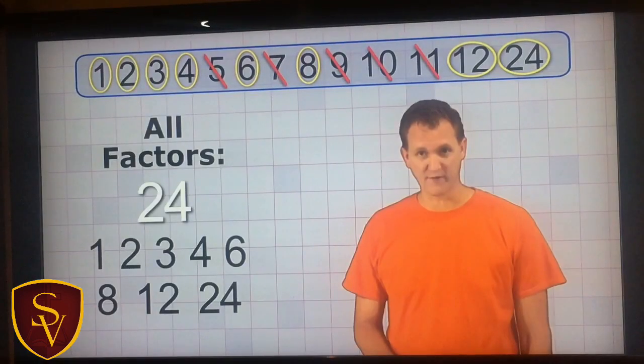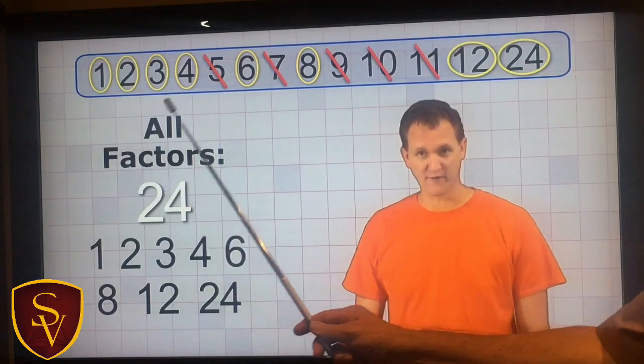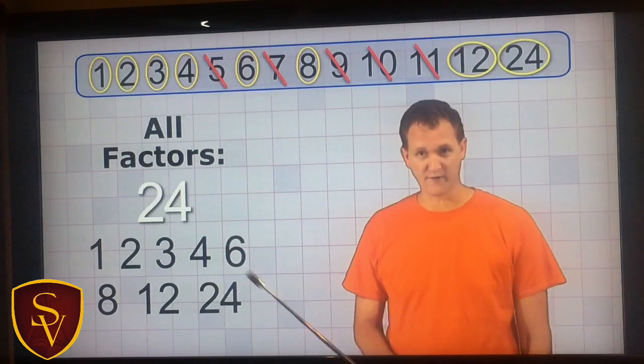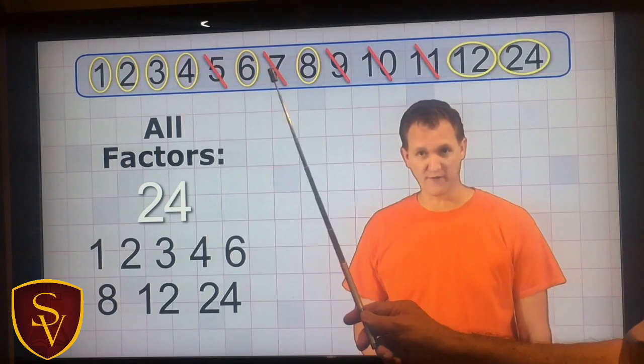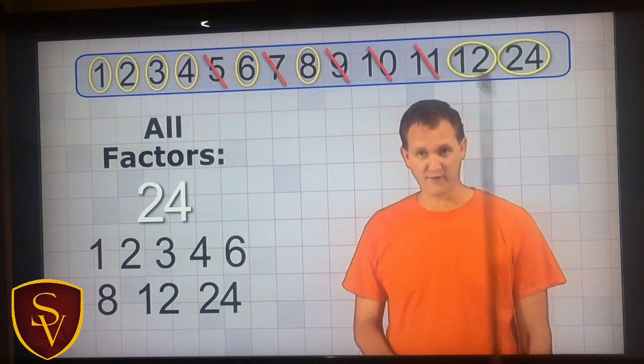Well, this is an example of how to run a divisibility test to find the factors of a given number. In this chart, you can see that we tested with 1, 2, 3, 4, 5, 6, 7, 8, 9, 10, 11, and 12.